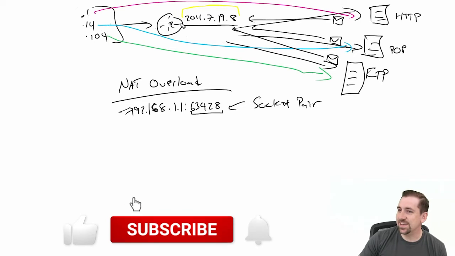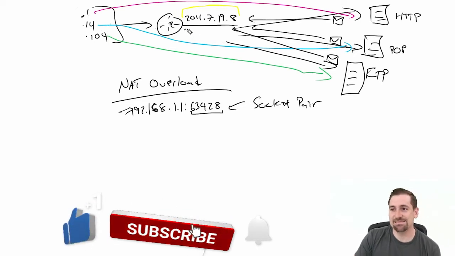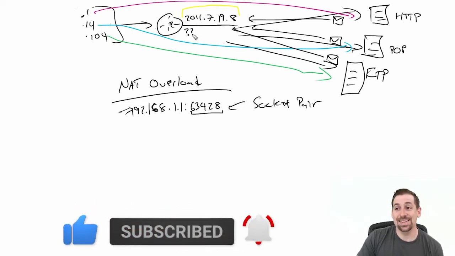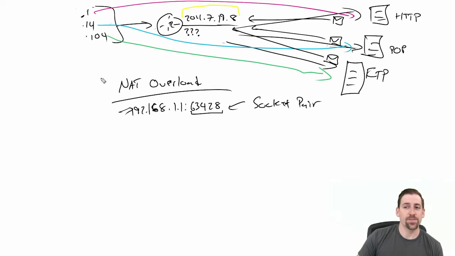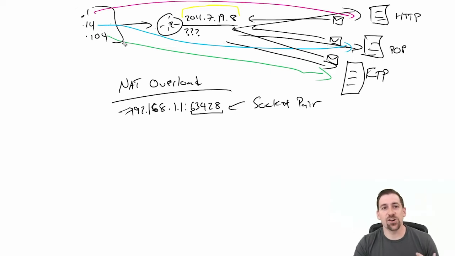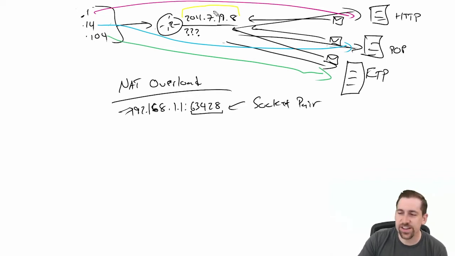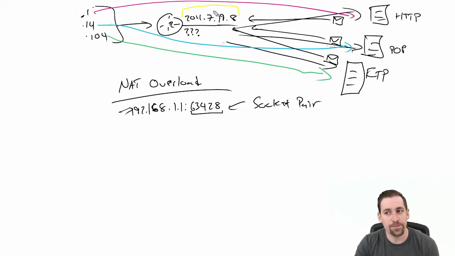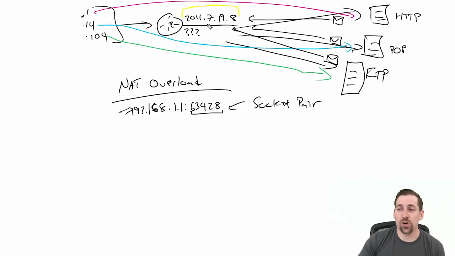And the router sees this and goes, who do I send this to? It won't have a single translation, so it knows it's going to have to send it to multiple internal hosts, and it's not going to know which one to send it to, because it's going to need to have multiple mapped hosts to this one IP address here.